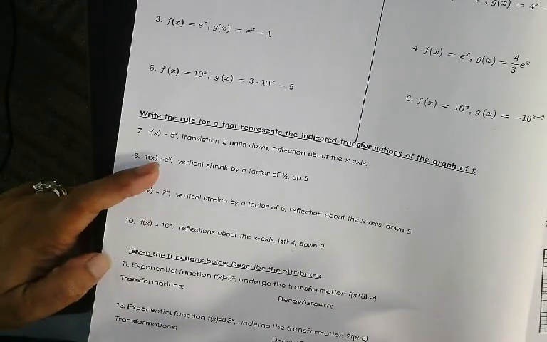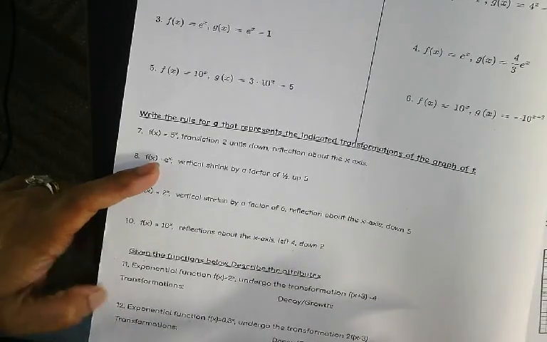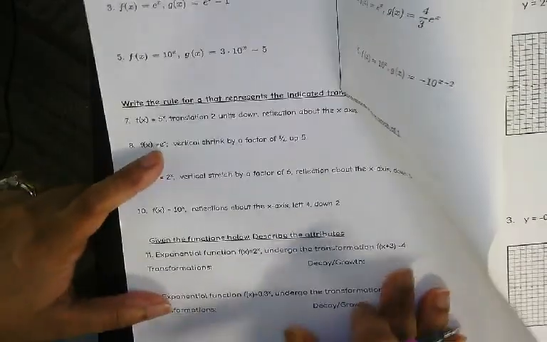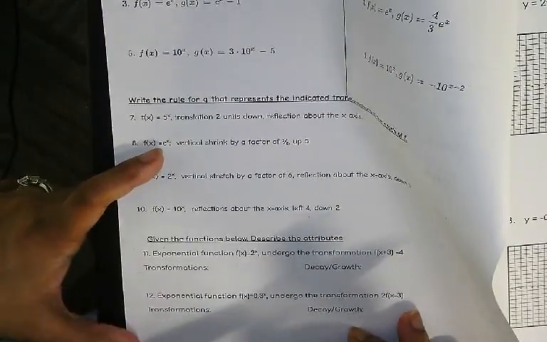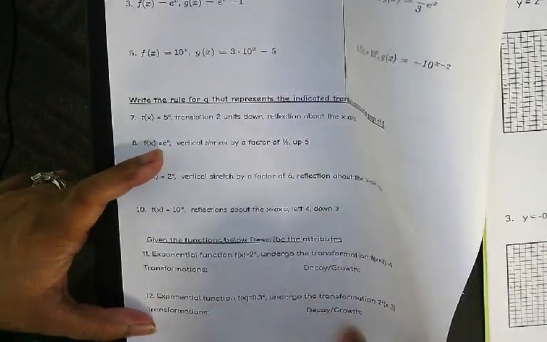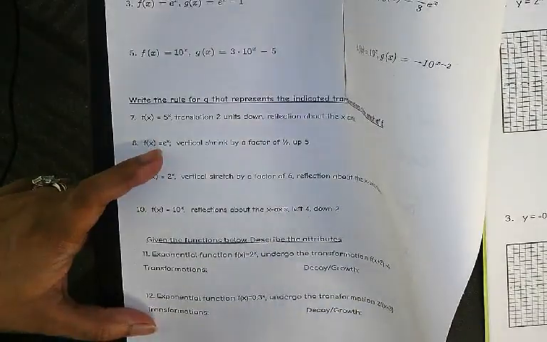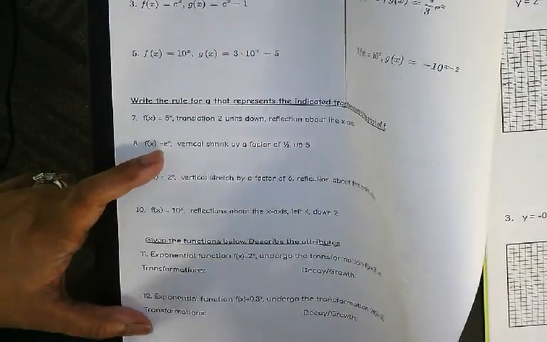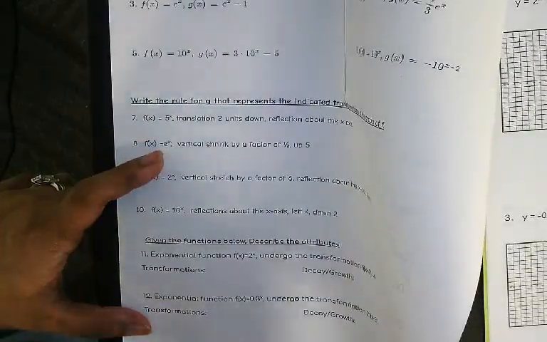Number up to number 12, just don't do the growth and decay. So number 1 through 12, just skip growth and decay for now, and we're going to talk about it tomorrow. Other than that, do everything for the first page and bring it to me so I can stamp it for you. Any questions? Thank you.